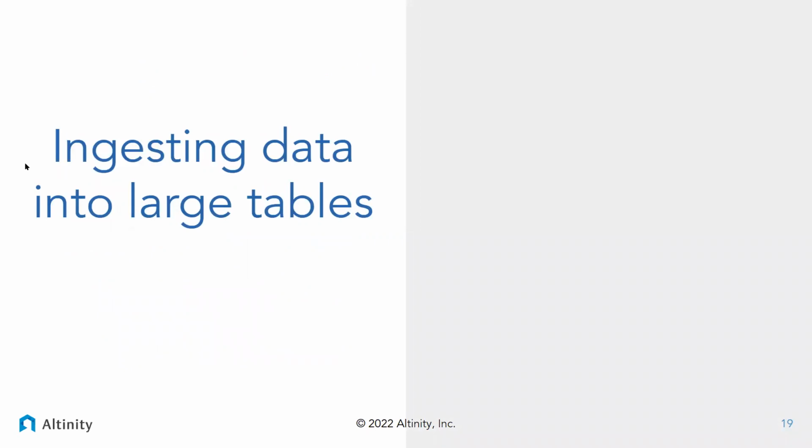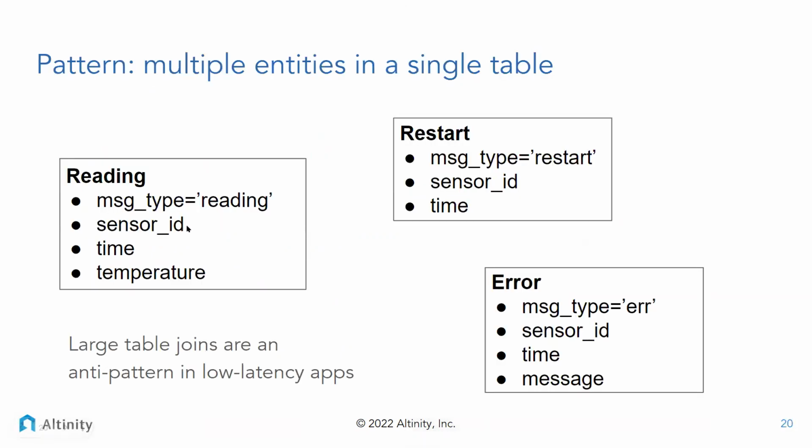Let's talk a little bit about ingesting data into large tables and show a couple techniques that people use. One thing that's really important as we're thinking about the final schema, we talked about having a single table, which means that if we have interesting data, we're likely to have multiple entity types.